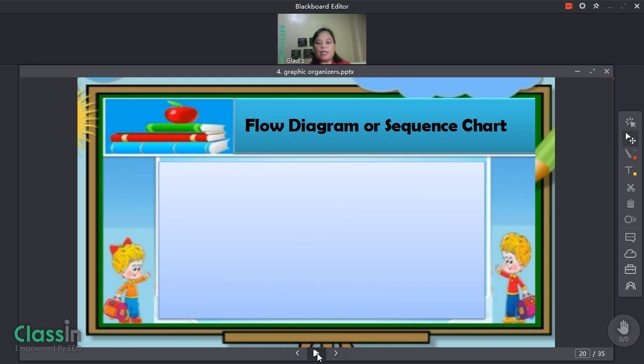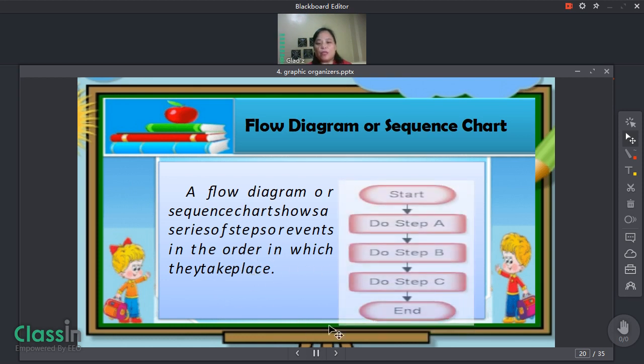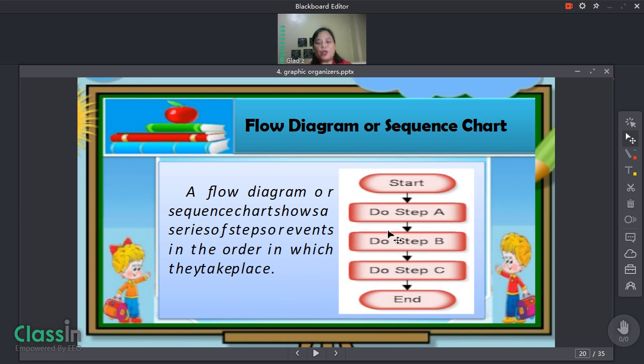And then next we have the flow diagram or the sequence chart. A flow diagram or a sequence chart shows a series of steps or events in the order in which they take place. So it looks like this. A flow chart is best to use in creating a timeline, and creating steps or procedures of doing something.